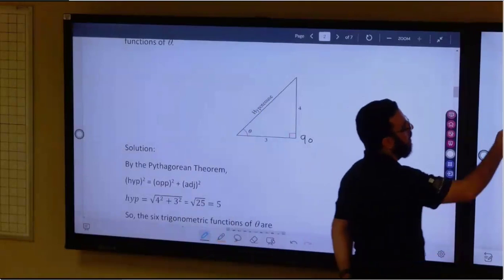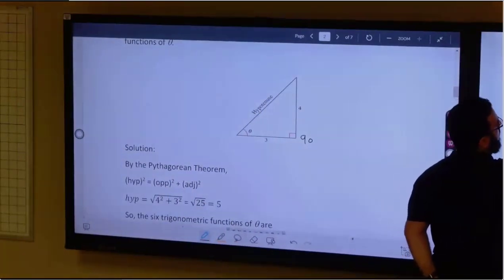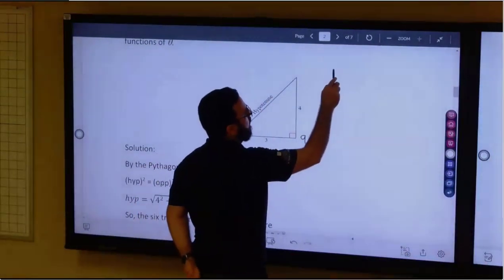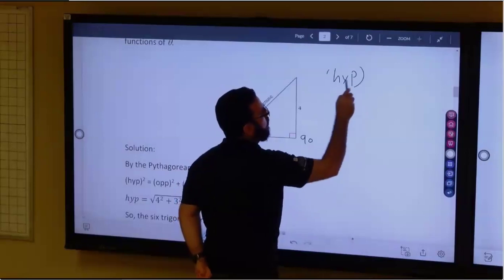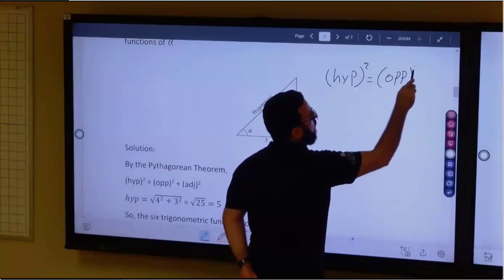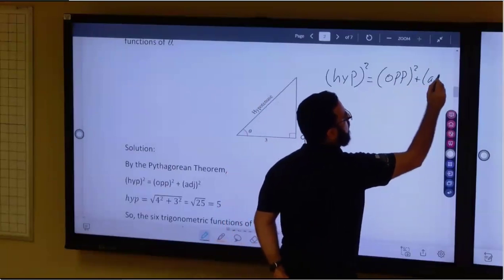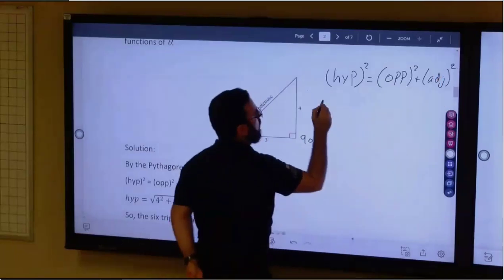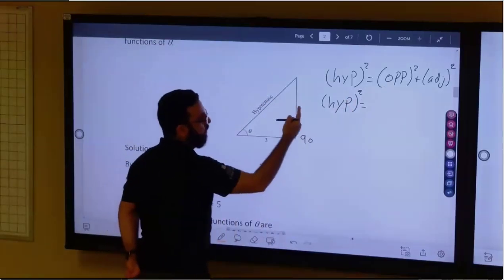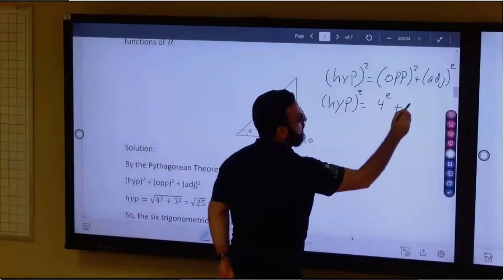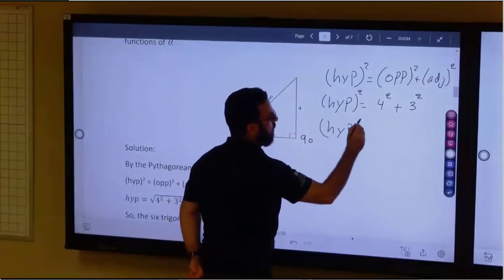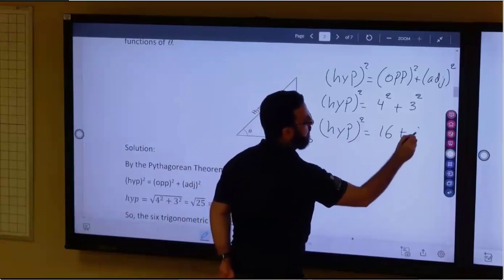I'm going to say I have hypotenuse squared equals opposite squared plus adjacent squared. So the opposite side, which is 4 squared, plus 3 squared: 16 plus 9.